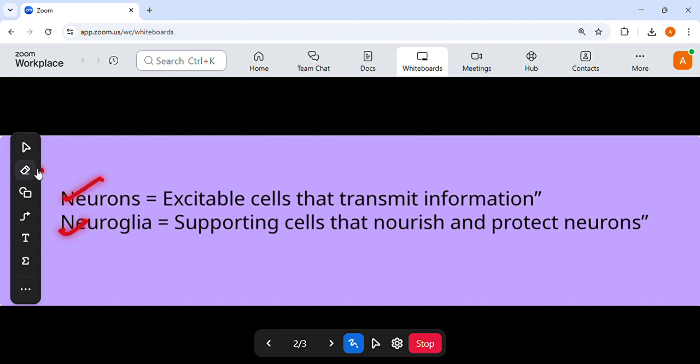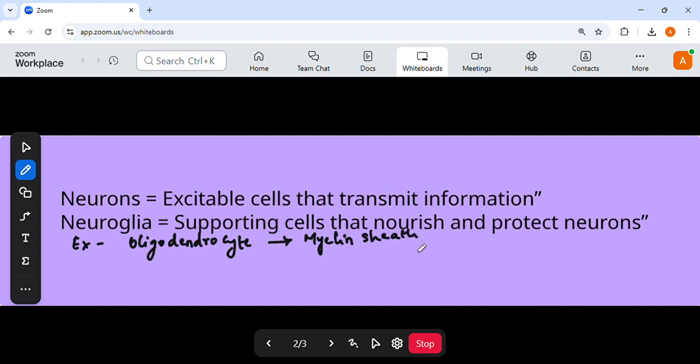And here in this part, neuroglia cell, remember examples are oligodendrocyte. What this oligodendrocyte will do, they'll form myelin sheath in the central nervous system.